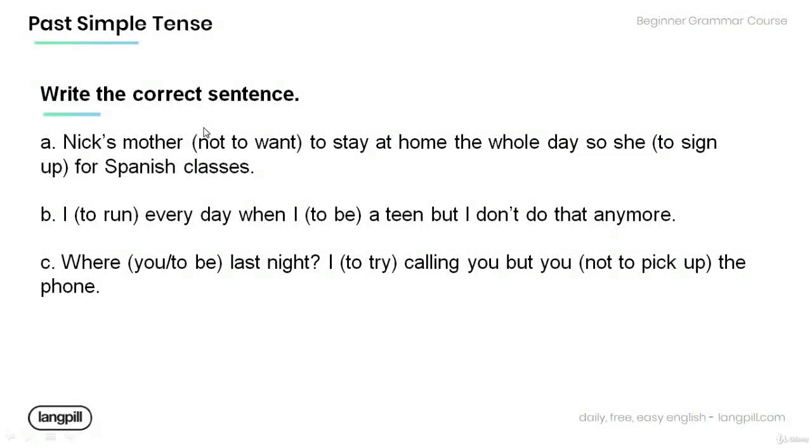Now time for you to practice on your own. Write the correct form of the following sentences. A. Nick's mother not want to stay at home the whole day, so she to sign up for Spanish classes.